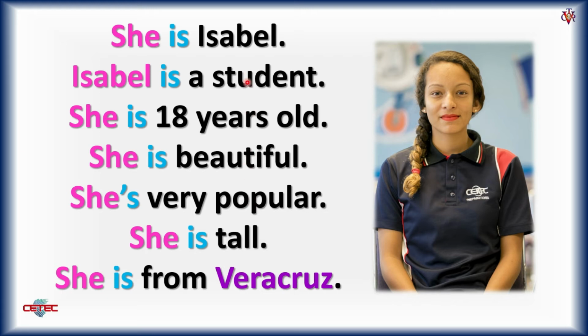Beautiful, student. But don't forget, here, she. It's because Isabel, it's a girl. It is easy to remember. She, Isabel, a girl, that she is 18 years old. So don't forget to use she for a girl.